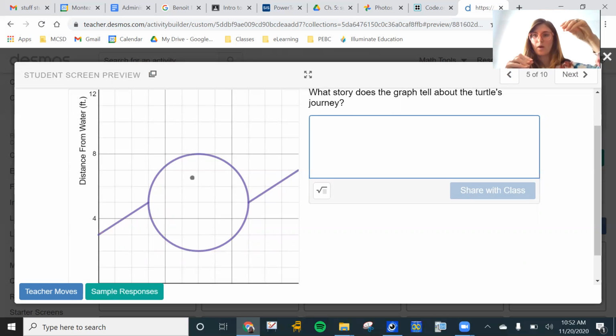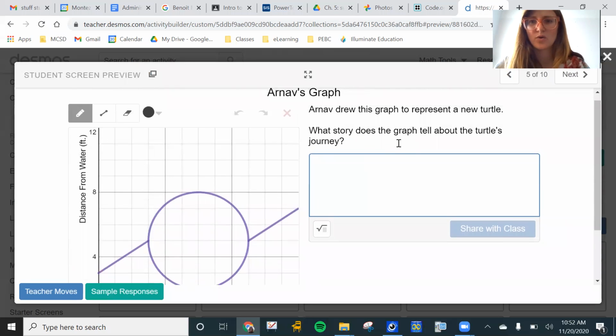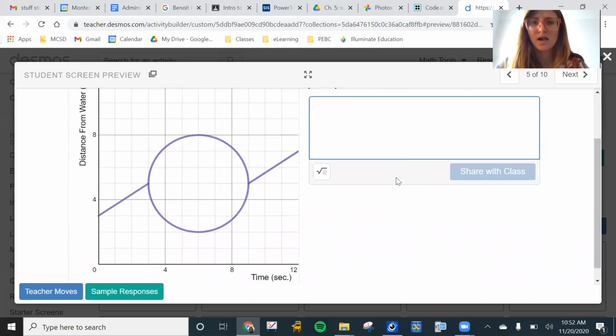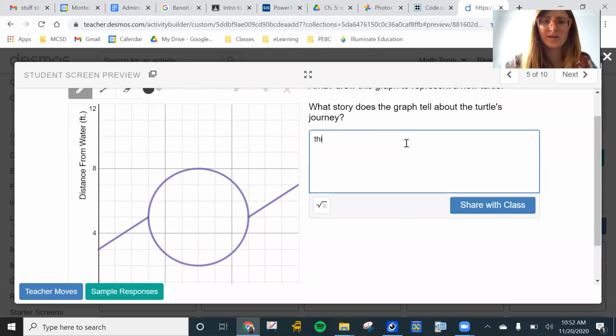So they went away and then came back together. And that's what I think is going to happen here. This graph shows a turtle being in two places at once.